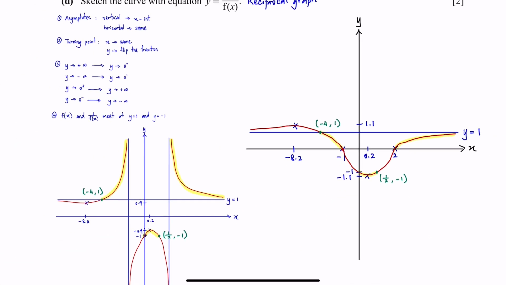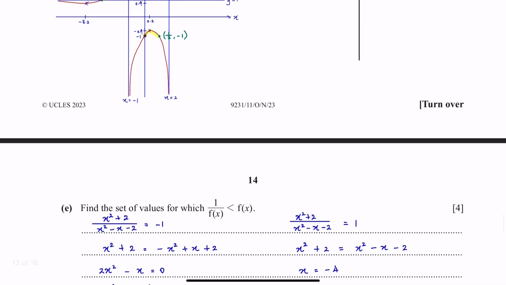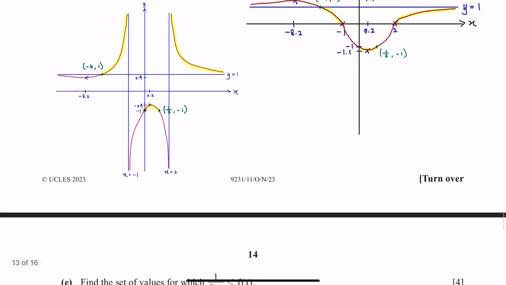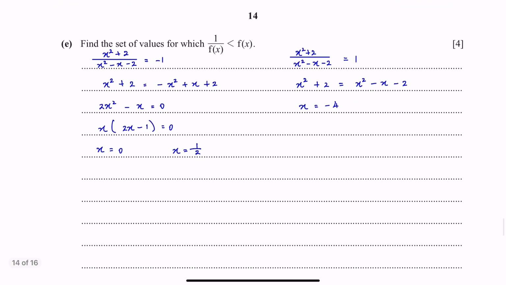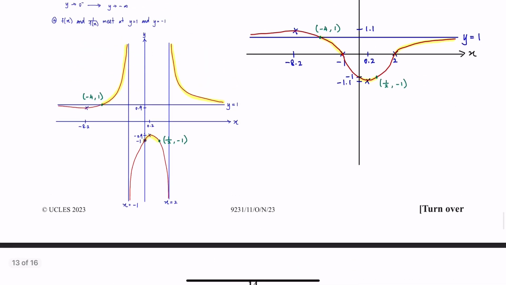So now we can say that for the region that 1 over f(x) is lesser than f(x), it's minus 4 less than x less than negative 1. This is the first region, which is this area.